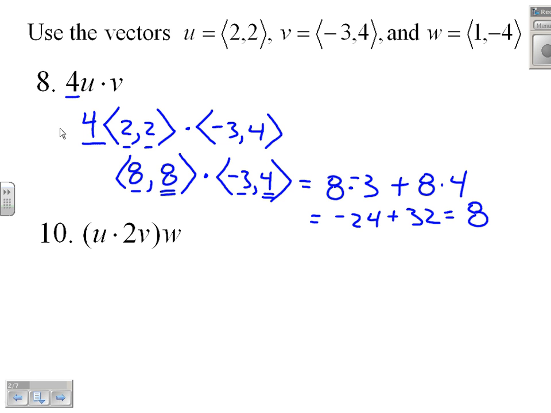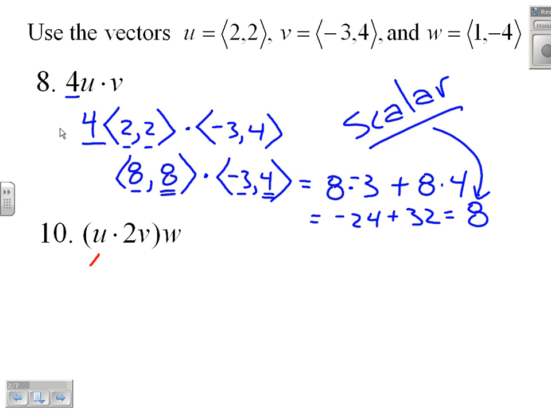In the book, it asks to determine, is our final solution a vector or a scalar? Well, this is just a plain old number, and a plain old number in vector land is called a scalar. Okay. Number 10. So we may suspect that anytime we do dot products, we end up getting scalars. Let's take a look.